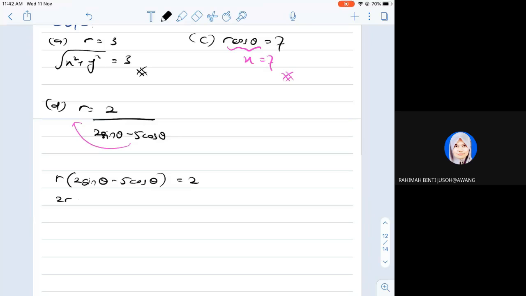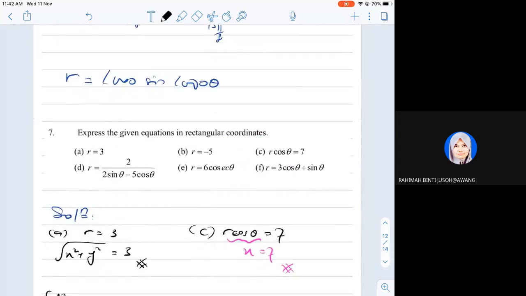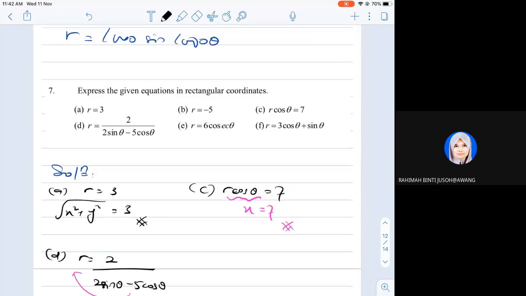So kita ada 2R sin theta minus 5R cos theta equals to 2. So this is 2R sin theta is y minus 5x equals to 2. That's it. Okay, soalan ni you just nak kena tukar daripada pola kepada rectangular equation. Okay, next guys.